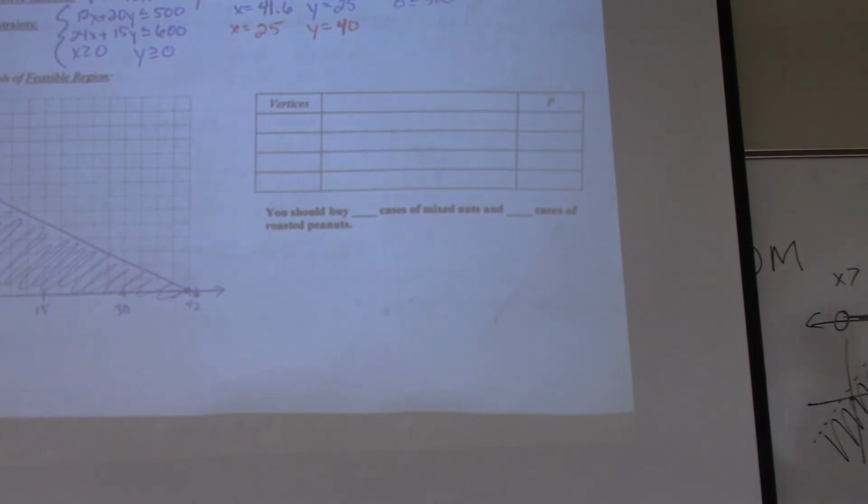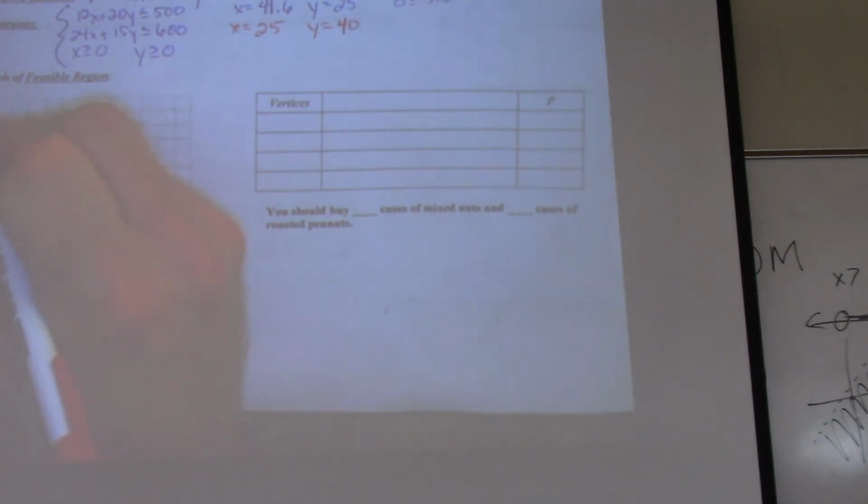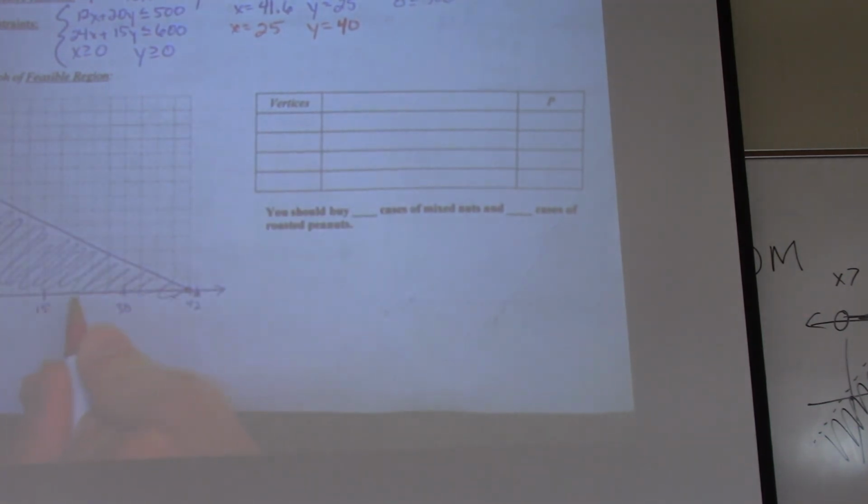And you guys can just keep going with your other ones, and then we'll see if we can get these points. So I got y equals 40. It's right about there. x equals 25.